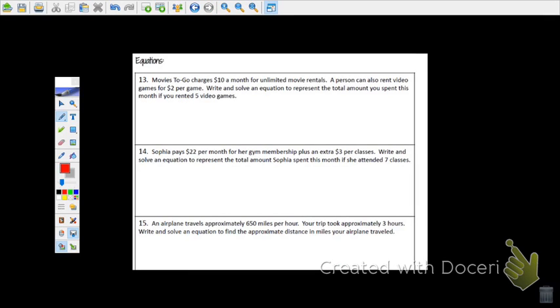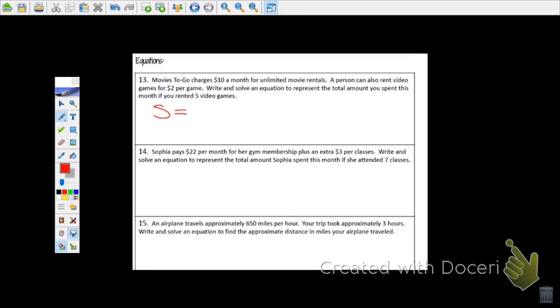And then we finish out with equations. With equations, we need to have an equal sign. Okay. So this says Movies to Go charges $10 a month for unlimited movie rentals. A person can also rent video games for $2 per game. Write and solve an equation to represent the total amount you spent this month if you rented 5 video games. So I'm going to use S for spent.